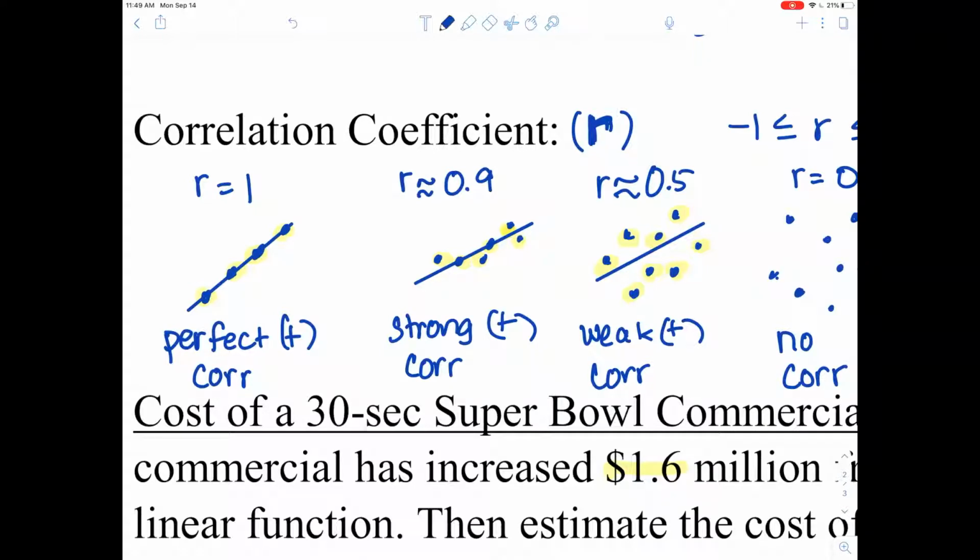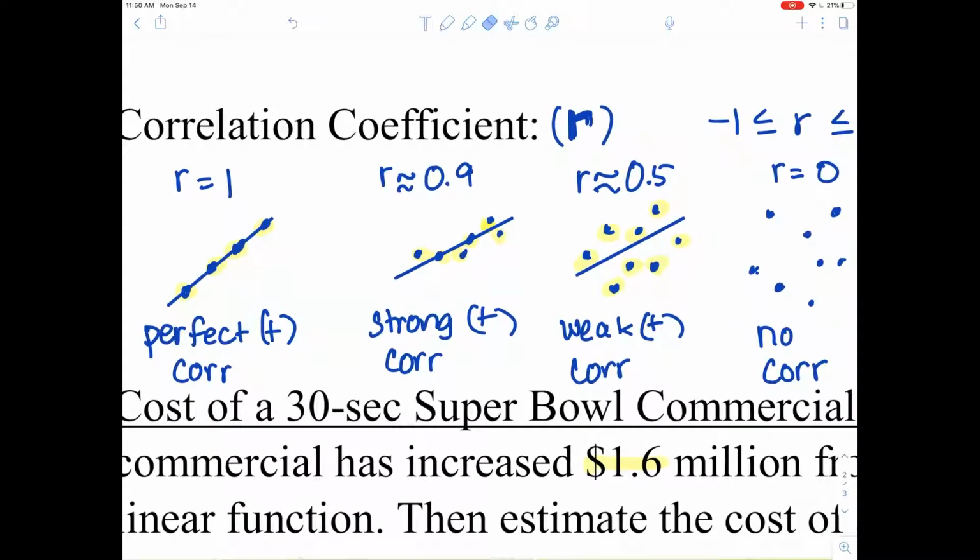So that means that your points are pretty close to a line, but they're not exactly on the straight line. However, they're still linear in the way they're trending. As you move right, the points are pretty much moving up.